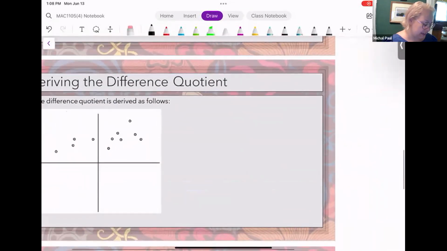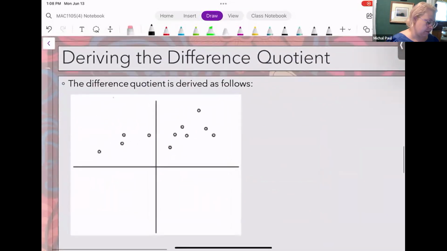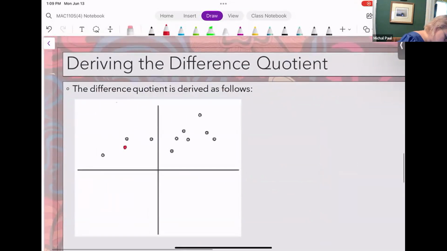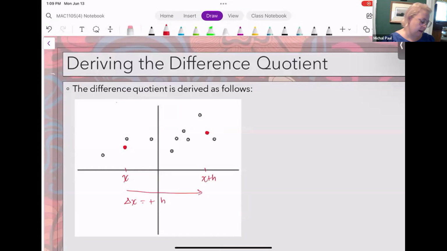But we can use it to find the average rate of change between 2 points on a scatter plot or on a graph that's not a line. So again, I would just pick one of my points and call it x. And I would pick another one of my points based on what I'm choosing and why, and I'd call it x plus h, so that the change in x is just positive h, all right? And then I'm going to take my y values.